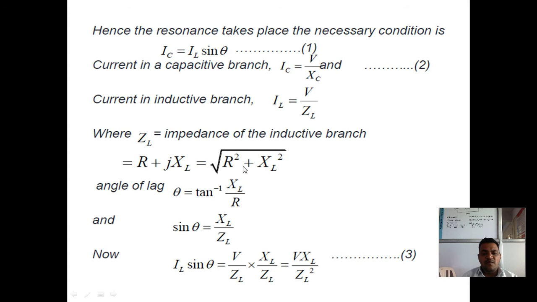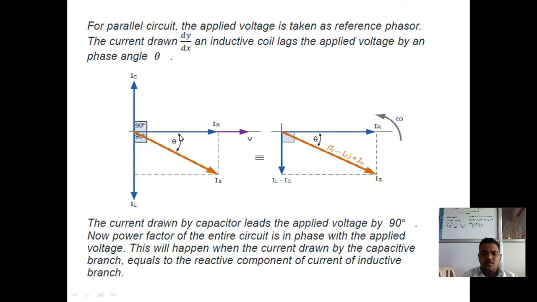That's why the impedance of the inductive branch is equal to the square root of r square plus xl square. Then the angle theta is to be found, the angle of the total current flowing through the circuit with respect to the current flowing through the resistor or the voltage.